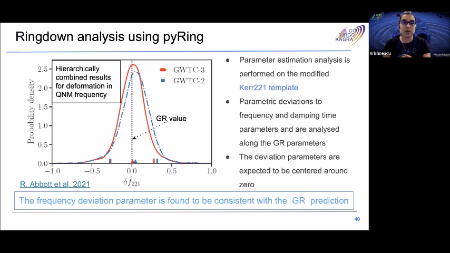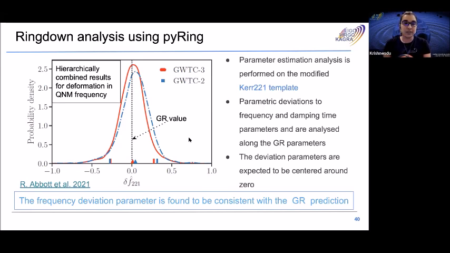One corresponds to our previous results, the dotted blue lines coming from the GWTC-2 events, and the solid red lines correspond to the events which also include the O3b events, represented by the label GWTC-3. These histograms are obtained by hierarchically combining the results from all the events.